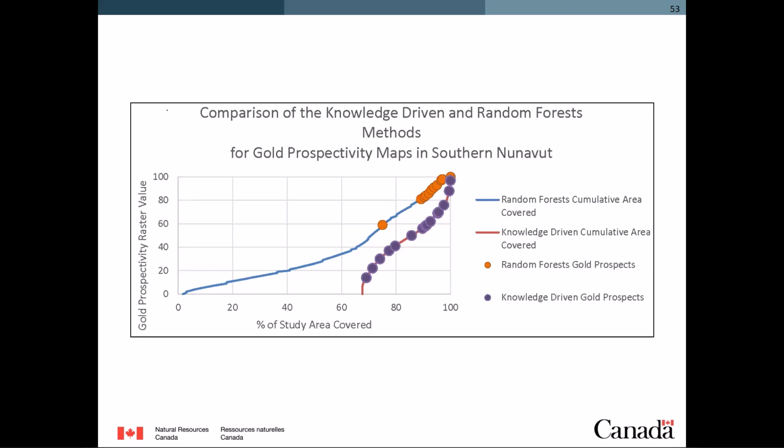But if we look at this, we're predicting 80% of the occurrences in about, say, 90% of the area, the high potential area. Whereas this model was a knowledge-driven model that I'm not going to speak about, but it obviously did much poorer, only 55% or so at 90%. So that's one way of validating.